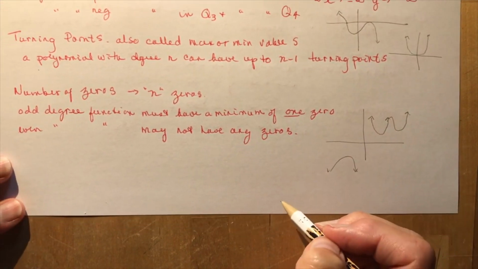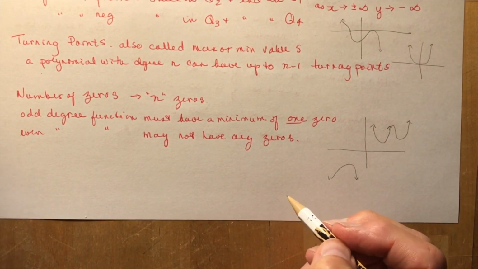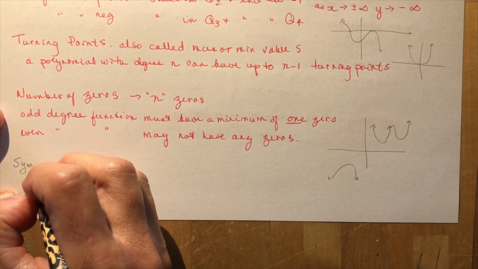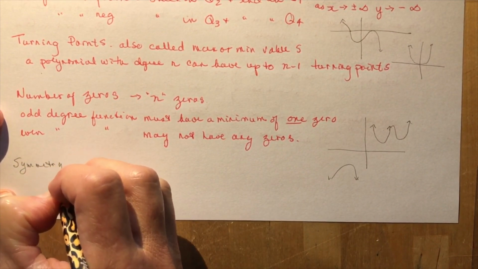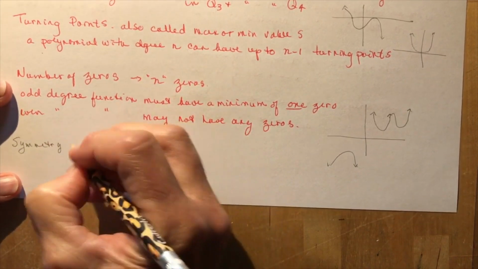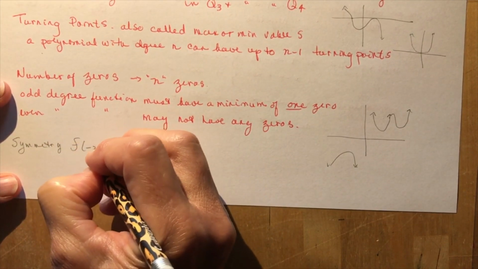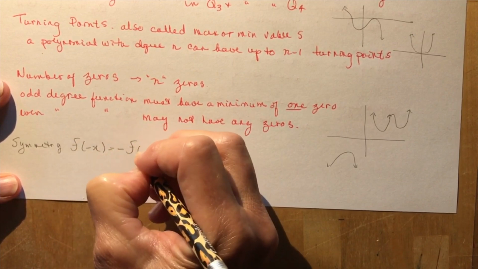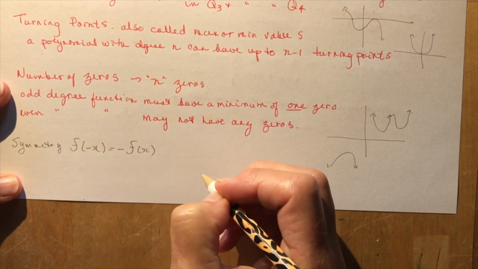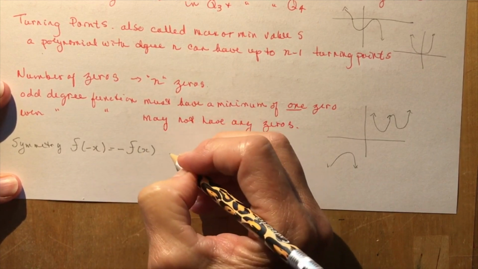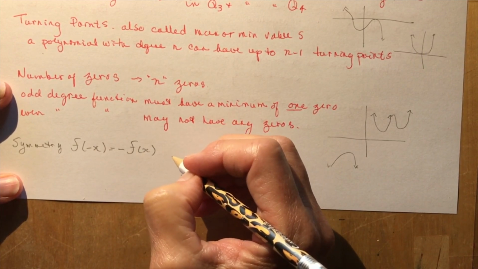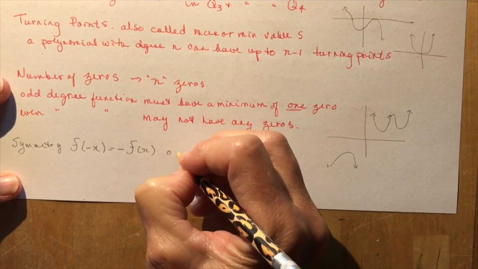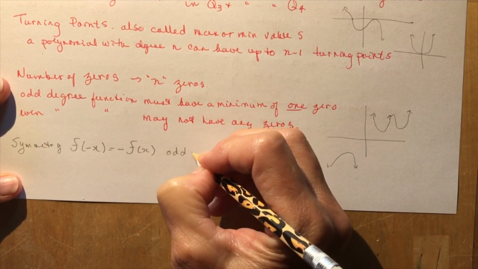Okay, and finally, the last thing we're going to talk about is symmetry. We talked about that before. Remember we talked about f at negative x equal to negative f at x. That was an odd function, with symmetry about the origin.